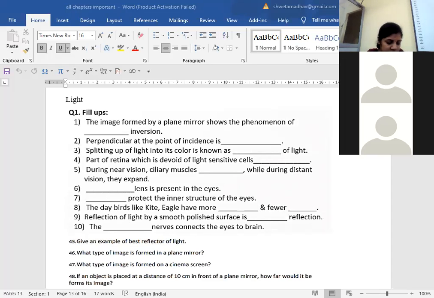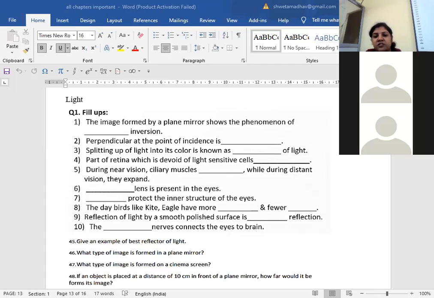Second answer? What's the answer of second question?